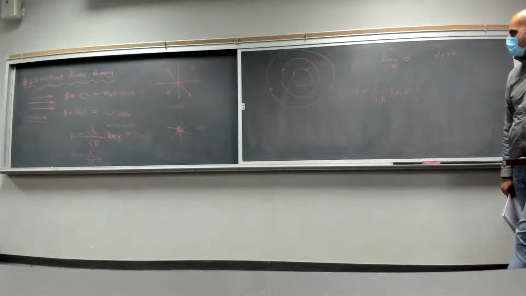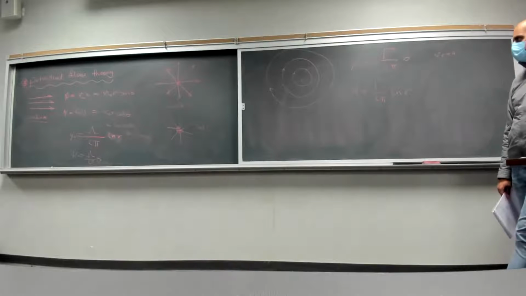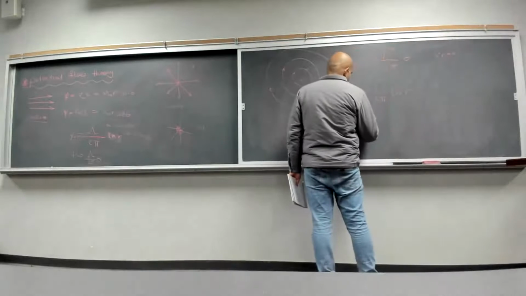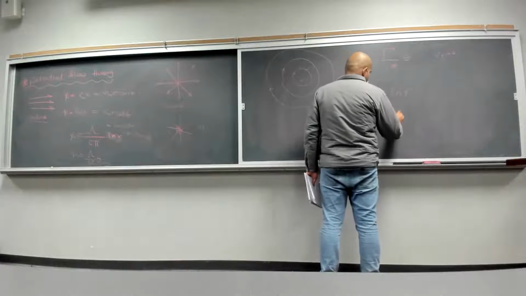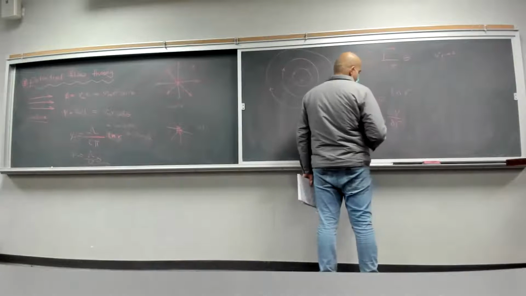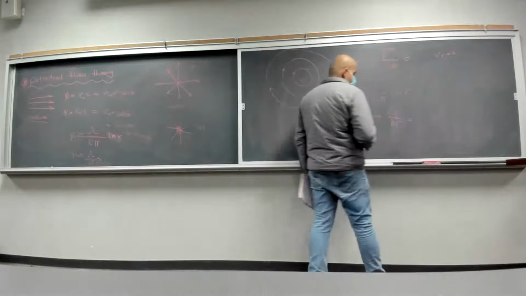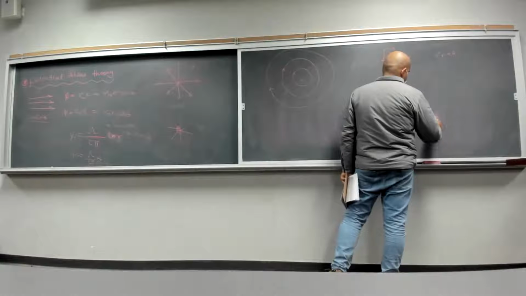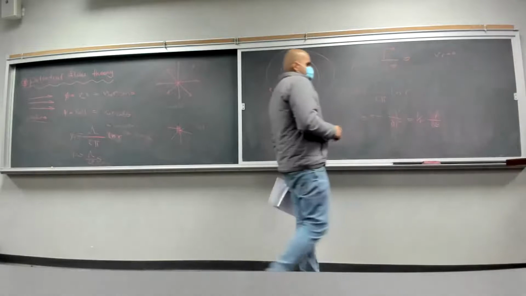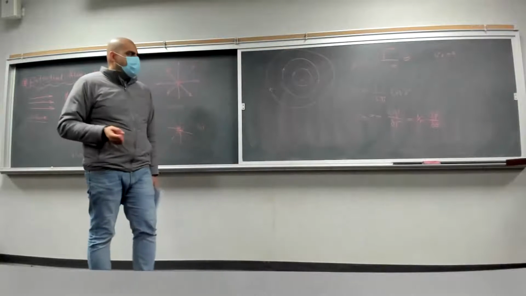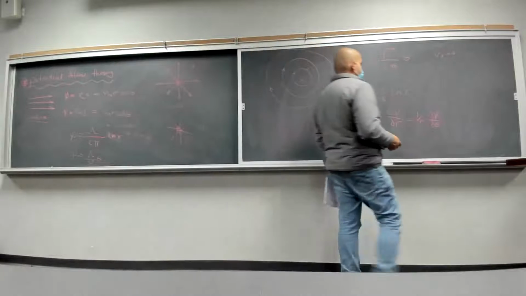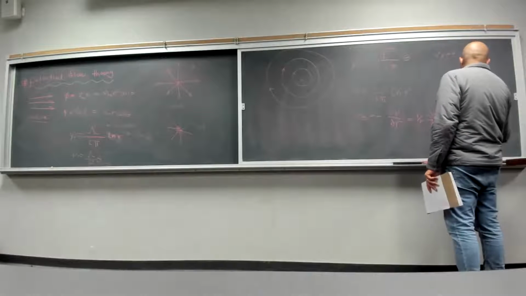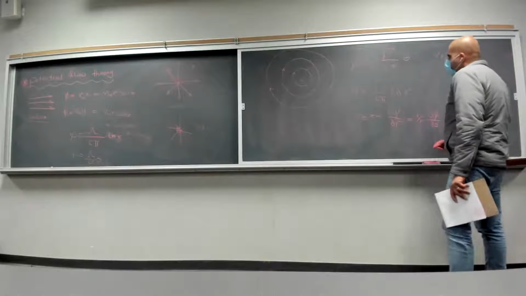Negative partial psi by partial r. Exactly. That's for psi. So for psi, V theta is going to be negative partial psi partial r. Thank you. And if you want to use velocity potential, it will be 1 over r partial phi partial theta. Both of them will give you the same result eventually. V theta for a vortex flow is going to be equal to negative gamma over 2 pi r.